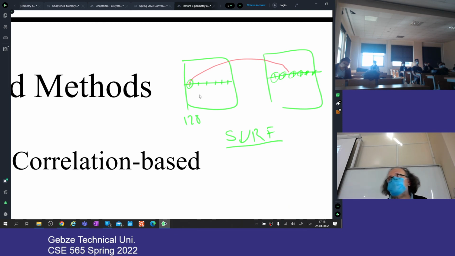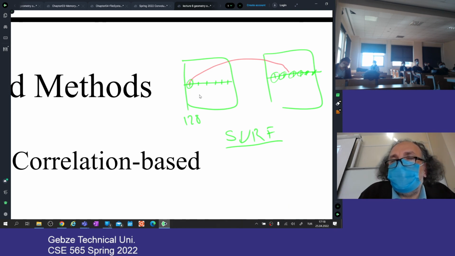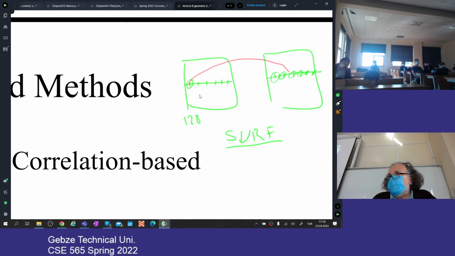Well, obviously this will not find a corresponding point for each point on the line, but whatever it finds is a nice one. Why? Because SURF is a nice way of finding corresponding parts on different images. And on top of it, I have this epipolar constraint in my hand. Okay?